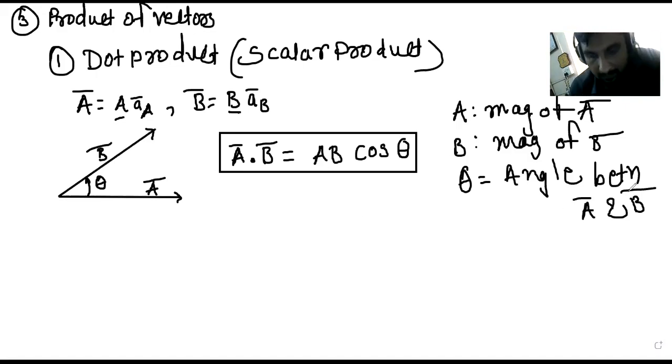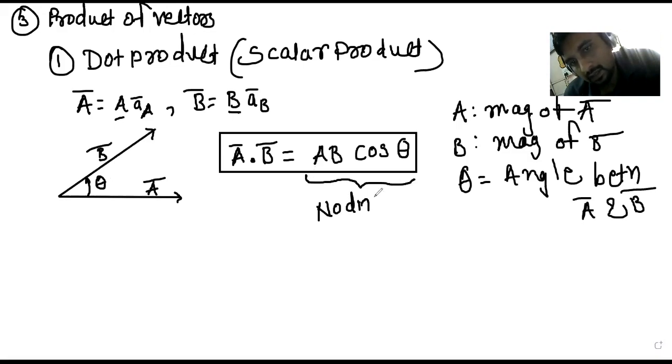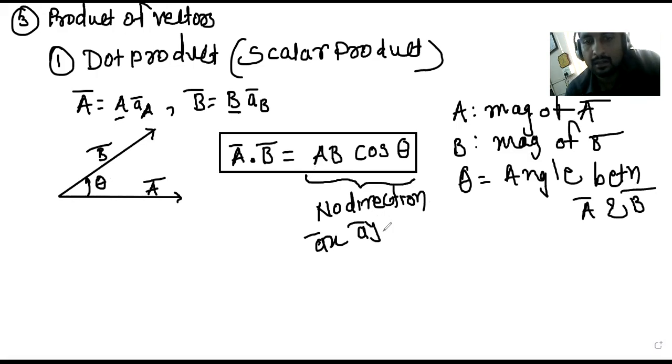Now, if you observe the RHS, there is no direction. No direction component is present. You will not find any unit vector like A bar X, A bar Y, A bar Z, or let's say normal, like A bar N. So no direction is specified in the RHS.